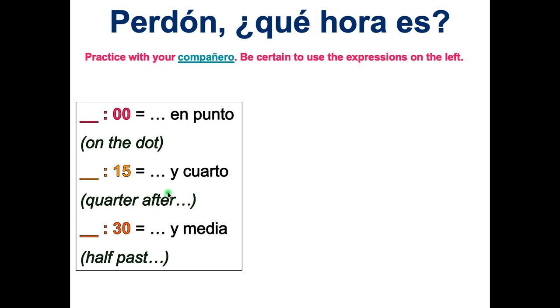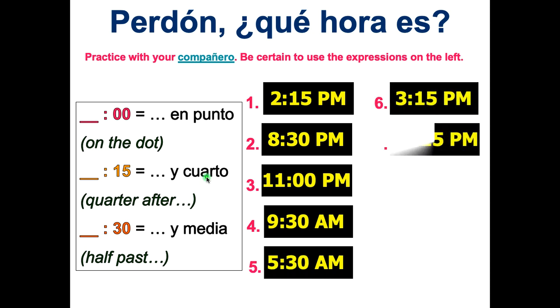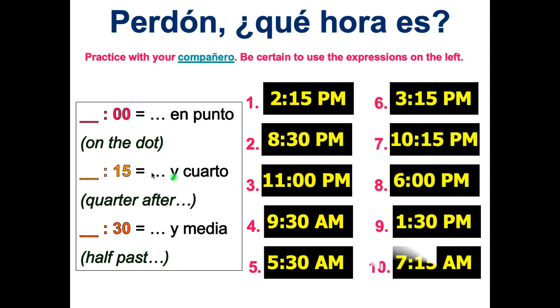Okay, and then what I would like you to do is practice telling time with your partner again, but using this, saying en punto when it's on the dot, saying y cuarto when it's a quarter after, and then saying y media when it's half past.